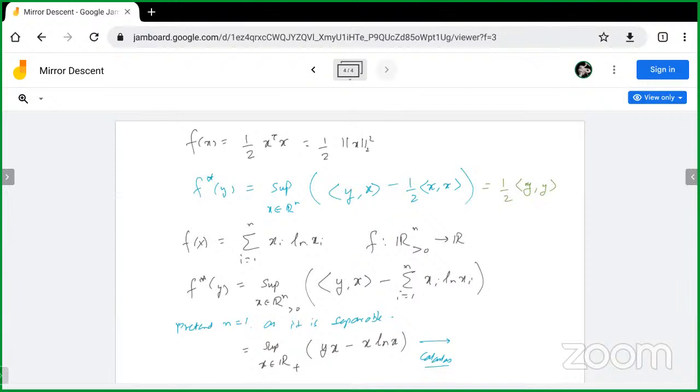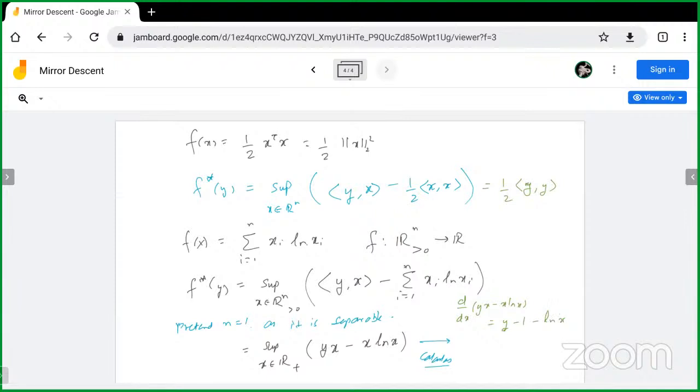You take the derivative. The derivative with respect to x is y minus 1 minus log x.